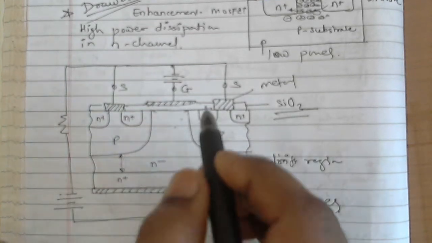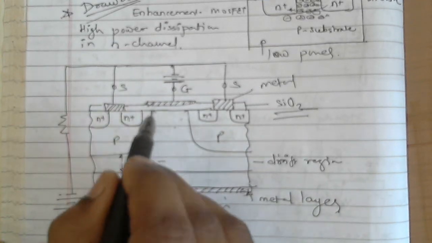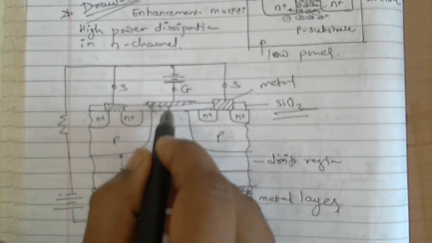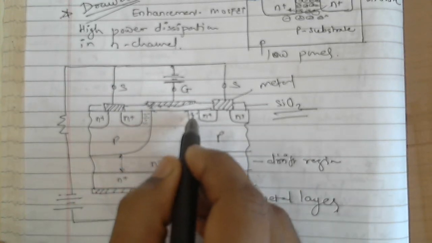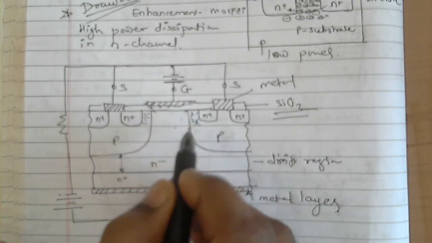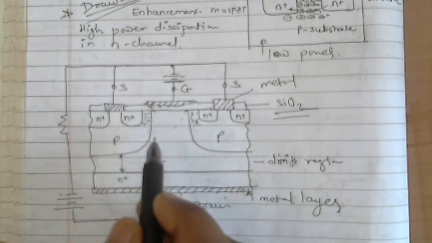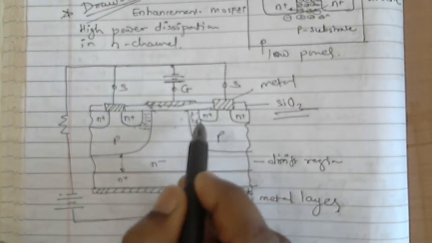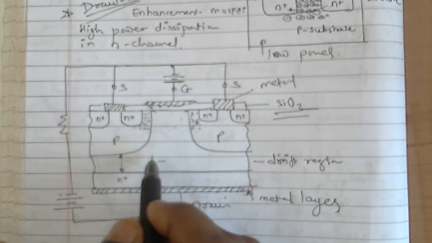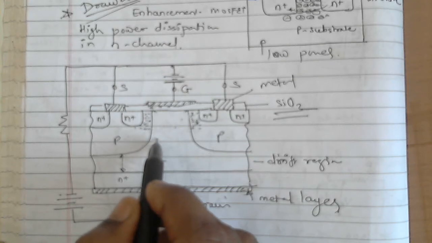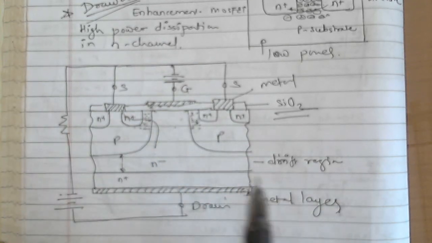Now what happens when the gate is positive: again beneath it there will be positive charge, and here negative charge gets accumulated. Due to this negative charge, as you go on increasing this voltage, the depth of this negative charge goes on increasing, due to which the electrons from this n plus region start to conduct through n plus.